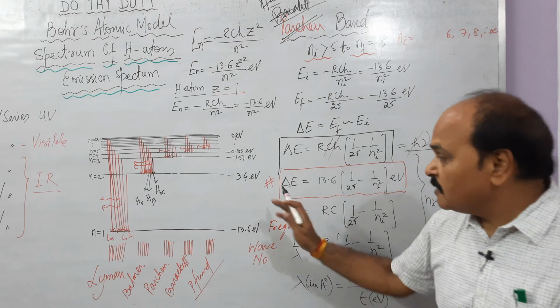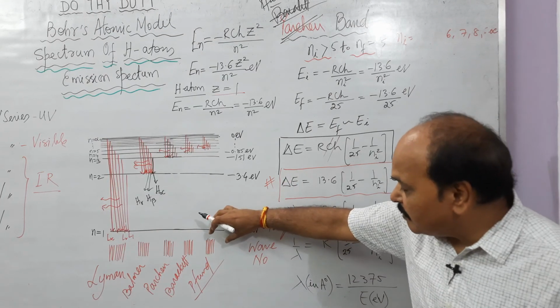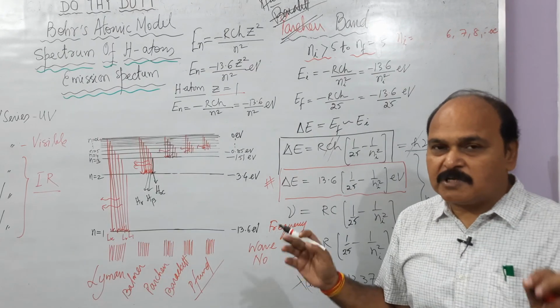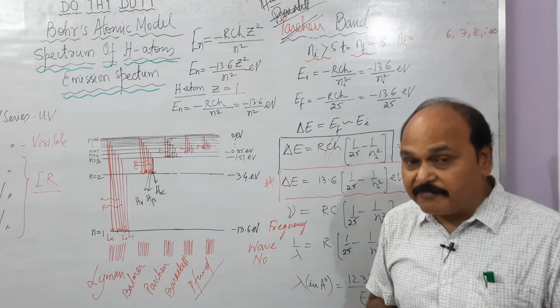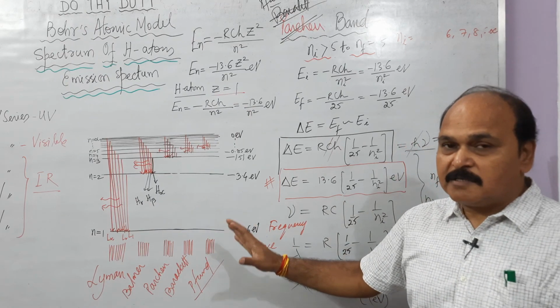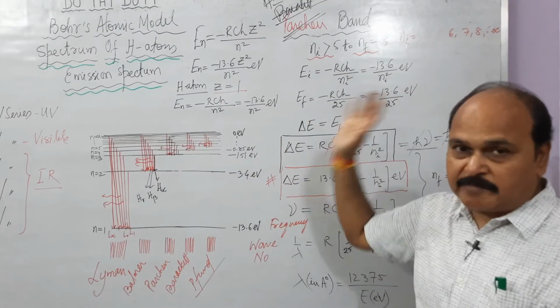So this was the fifth band, and after that bands are there, but they are almost invisible, not significant. So these are the five prominent bands in the emission spectrum of the hydrogen atom.